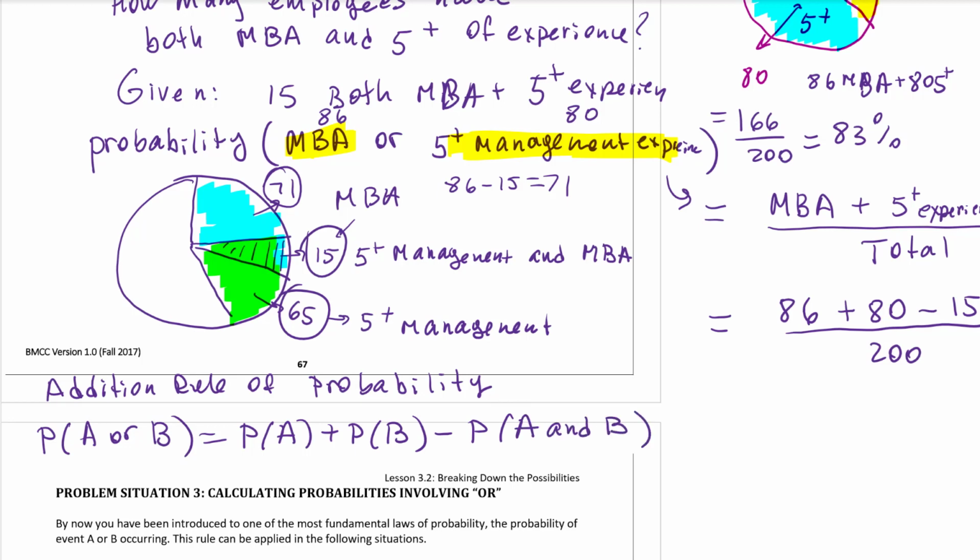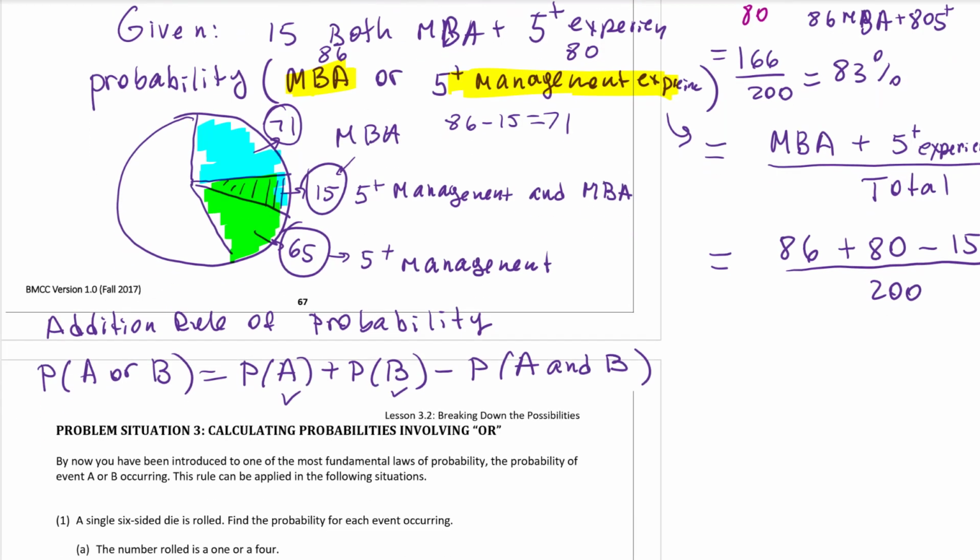In our case, A and B are the MBAs and having a 5-year management experience. You add those two together and then subtract the overlap. This way, you avoid counting any person or anything in a set more than once.